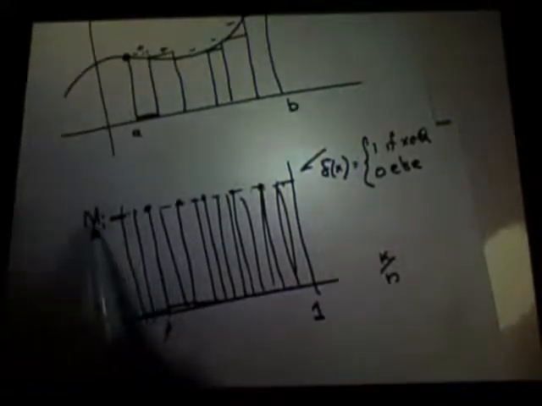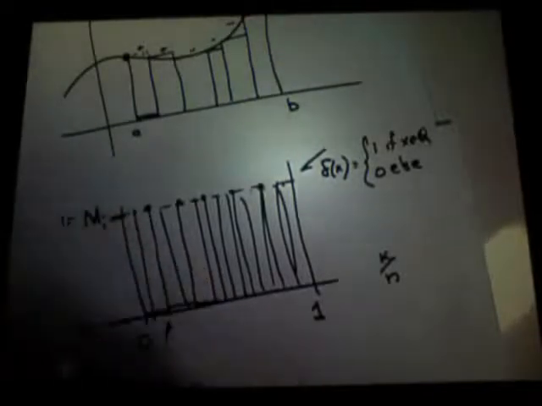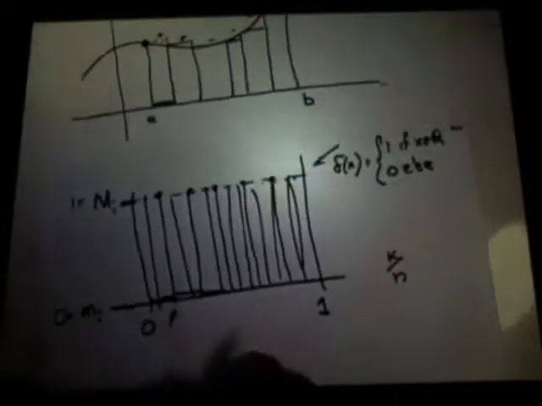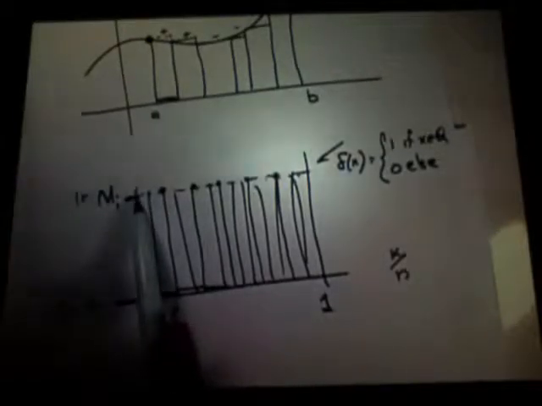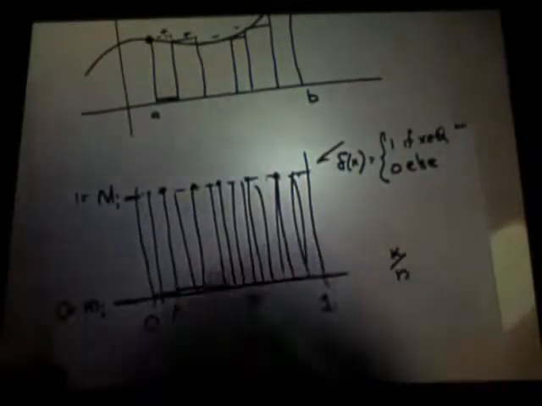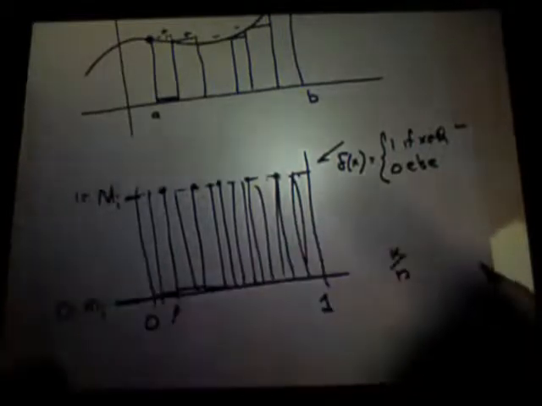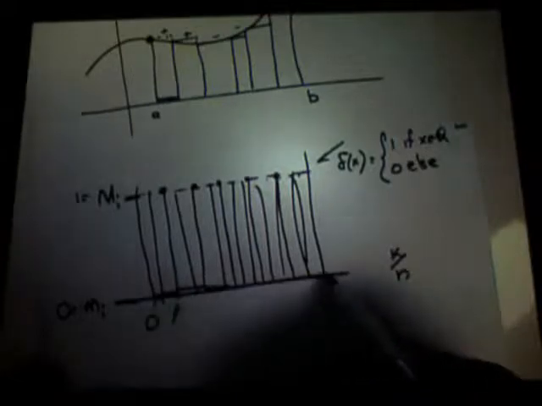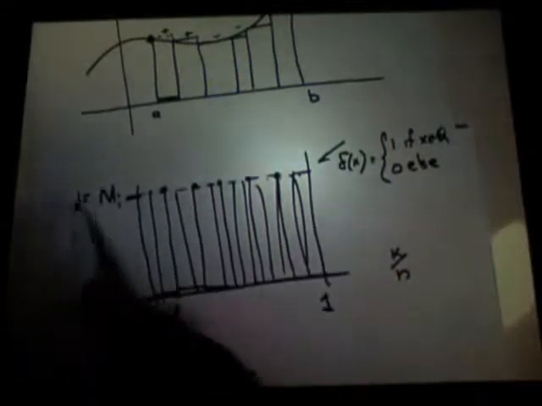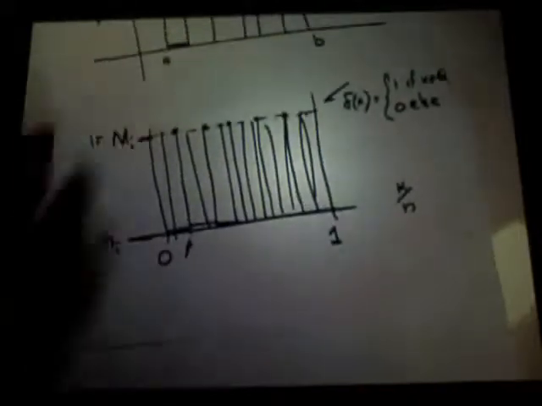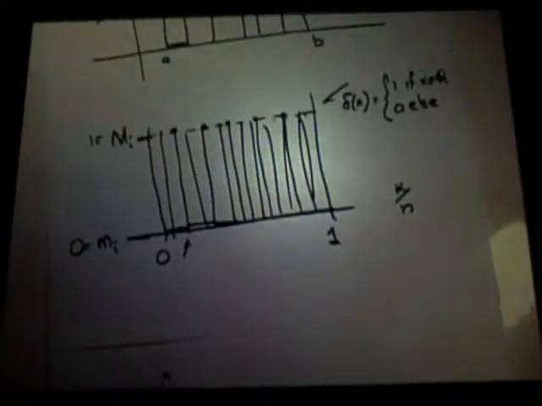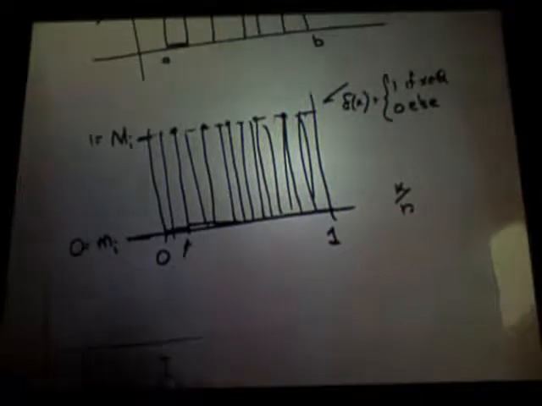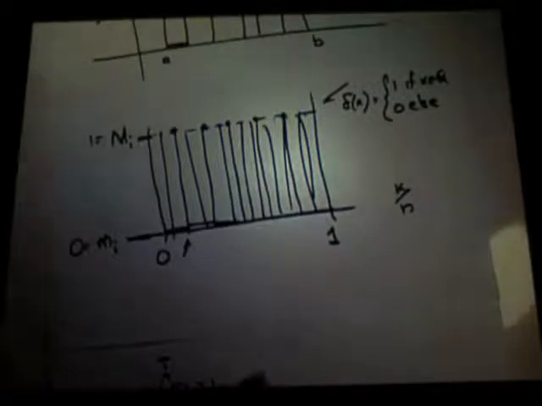So I would be taking the capital M, which is 1, and the lowercase m, which is 0, and for every one of the elementary rectangles, whatever its width, I could multiply that by 1. So if I add up all these things, I would get 1 for the total width of all the rectangles times 1. So we would then say that the upper Darboux integral of the Dirichlet function is 1. Right? We would say that.